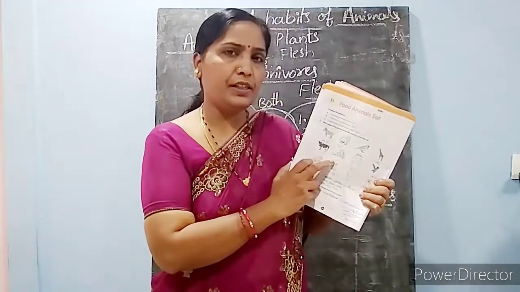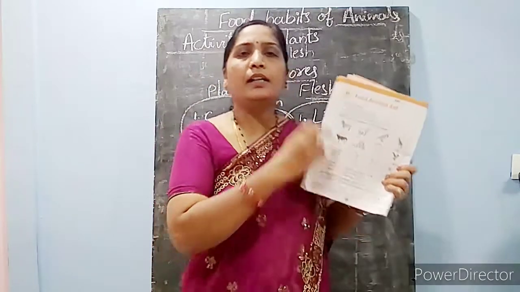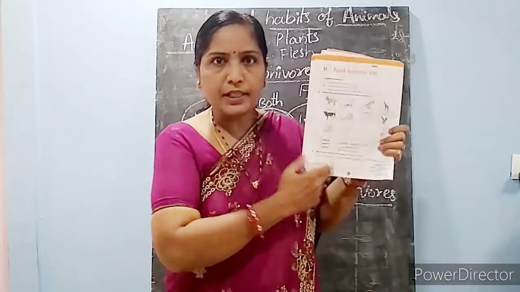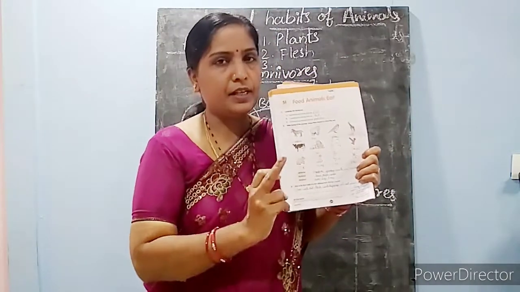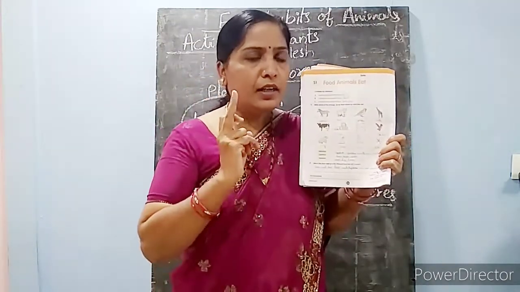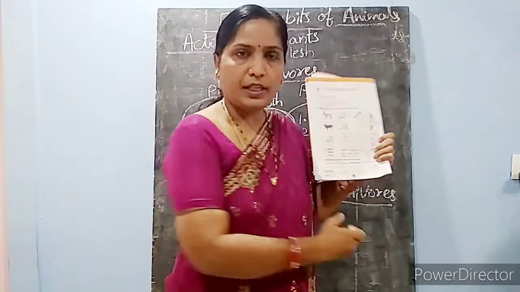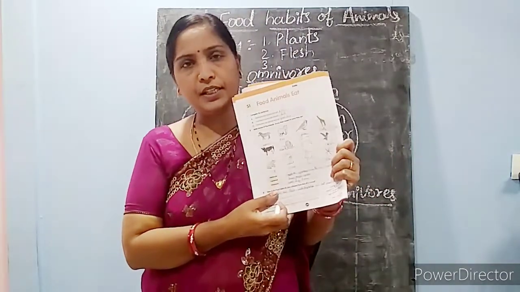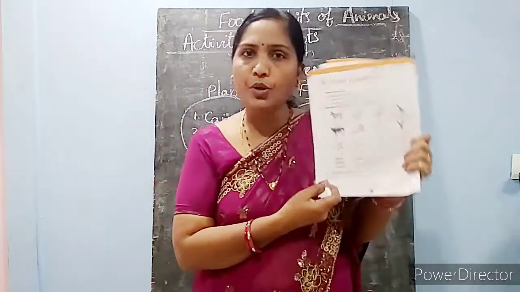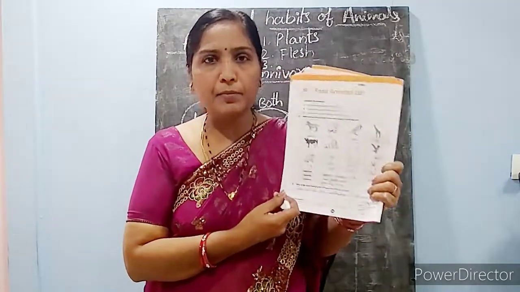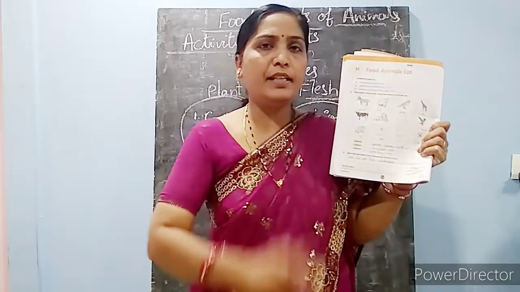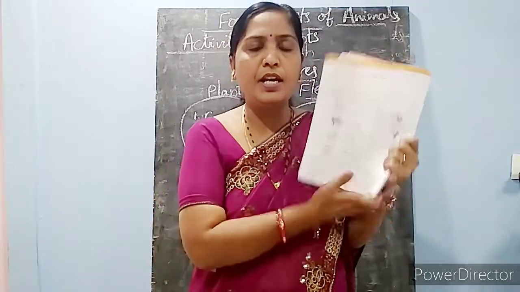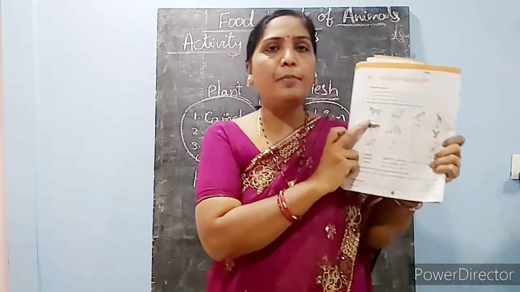Very good. You're doing good. And next come to the pictures, children. Some pictures are given in this table. You identify the picture and tell me the name of that animal. Just now we did our activity, right? Same way, you try to identify this animal. Now first see which animal it is. It has lines on its body. So it is zebra.